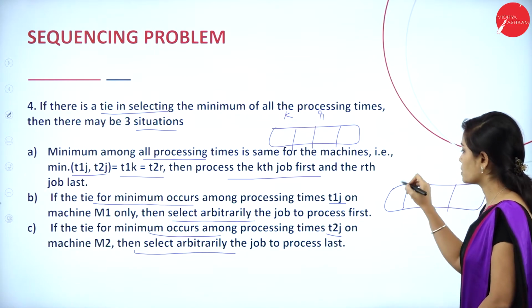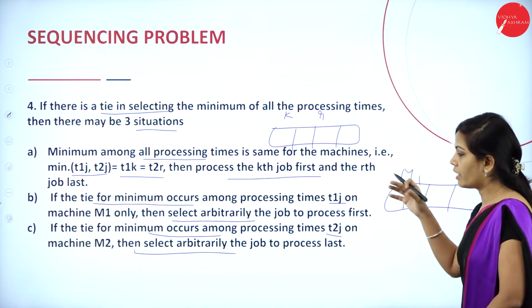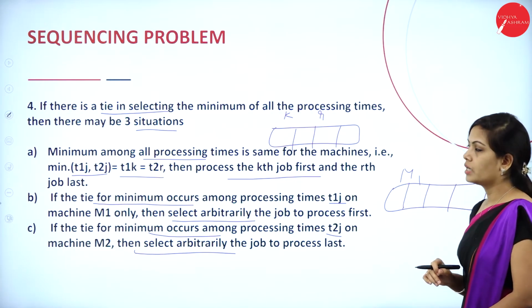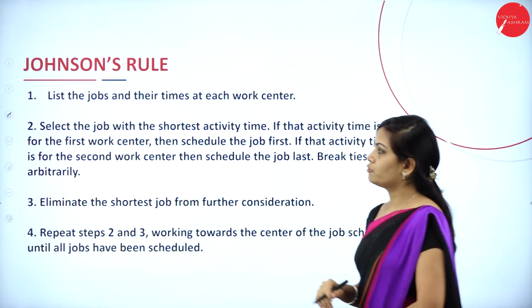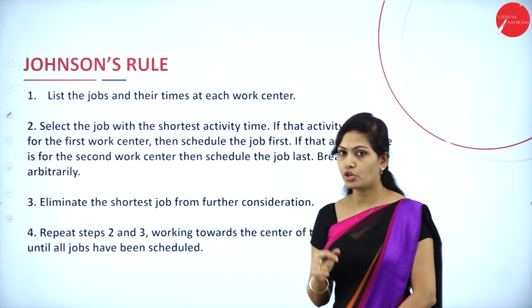So which one is processing first and which one is processing second, you have to select while doing the problems. Now you have to use Johnson's rules for finding the optimum solution in the job sequencing problem.